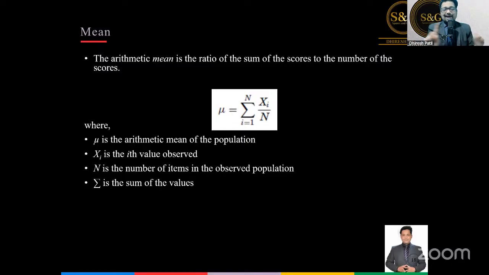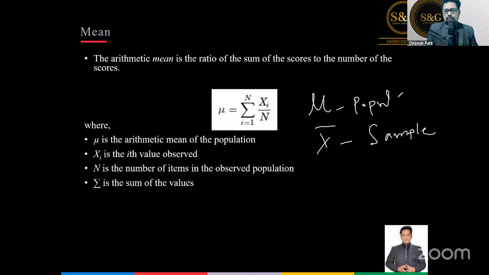The mean of a sample is denoted by X bar. The mean of the population is denoted by mu. X bar is for the sample and mu is for the population. These are just some indicators.